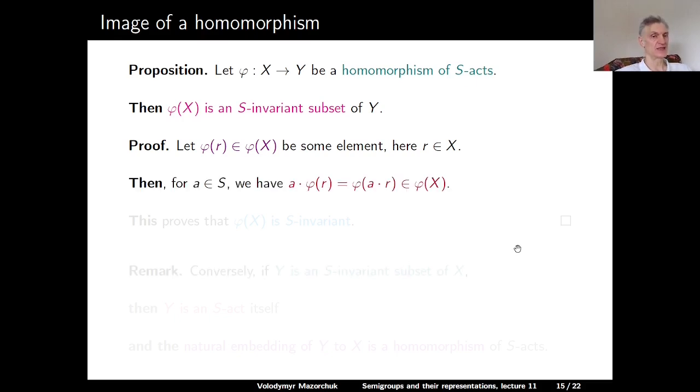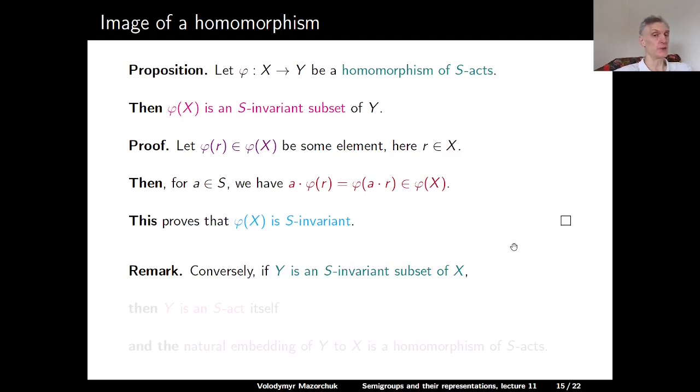Then, for any element a in S, if we act by a on φ(r), since φ is a homomorphism, this is equal to φ(a·r), and then this belongs to φ(X) by definition. And so φ(X), the image of the homomorphism φ, is indeed an S-invariant subset of Y.